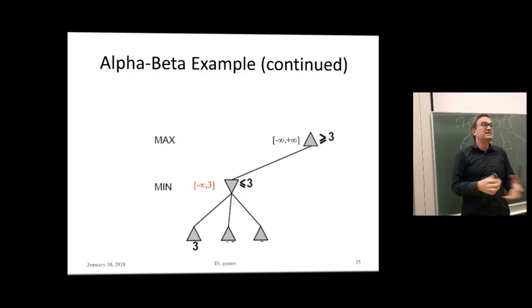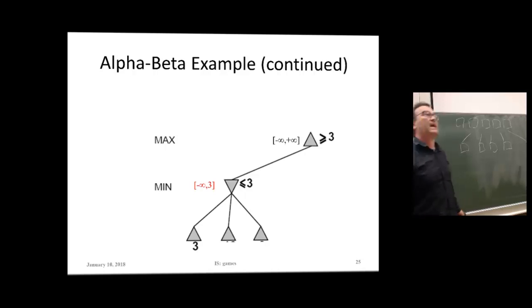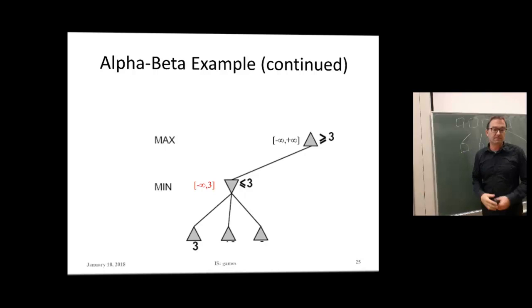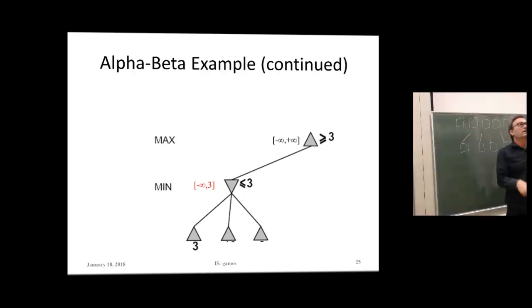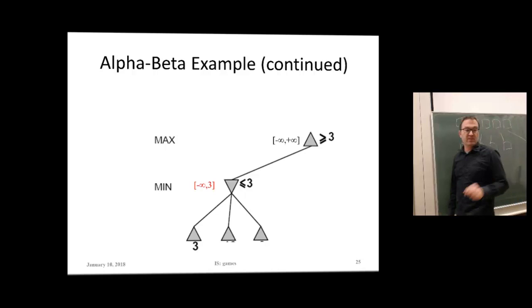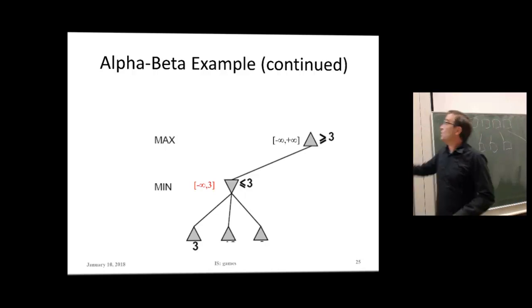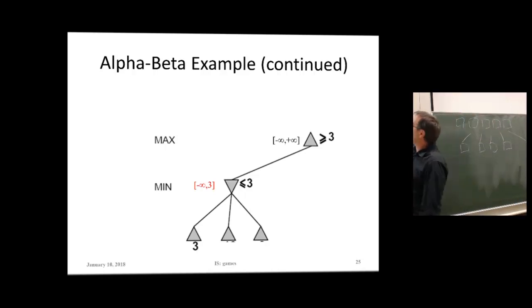Because whatever comes here, if this is a 4, min will not choose it, because it has already seen the 3 and will choose the 3. Everything that's bigger will be ignored. So basically, we now have an interval here, information that the choice that min will take will be between minus infinity and 3.